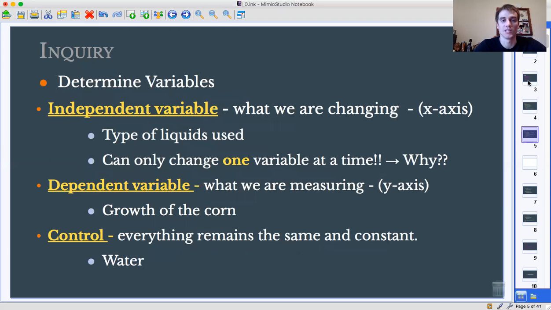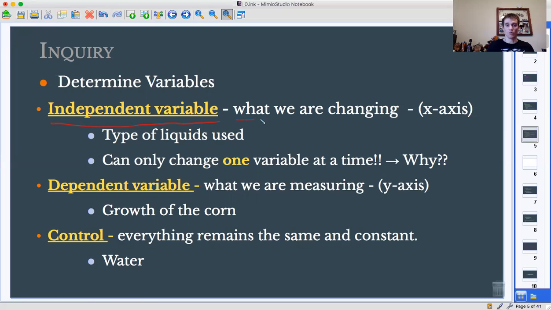When we talk about an experiment, there are a couple different parts. The first part of your experiment is your independent variable. And your independent variable is the variable that you are changing or that you want to test. So in this, we have an independent variable, which is what you are changing in your experiment.